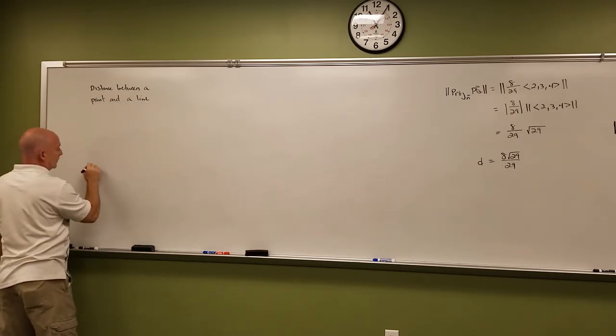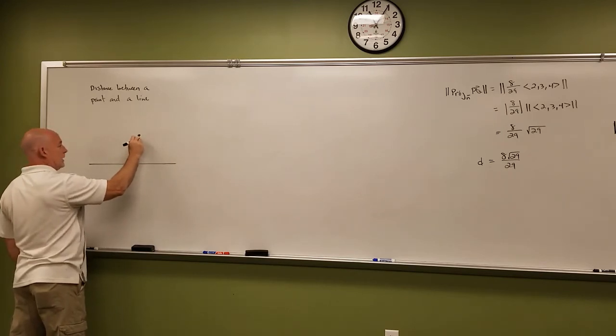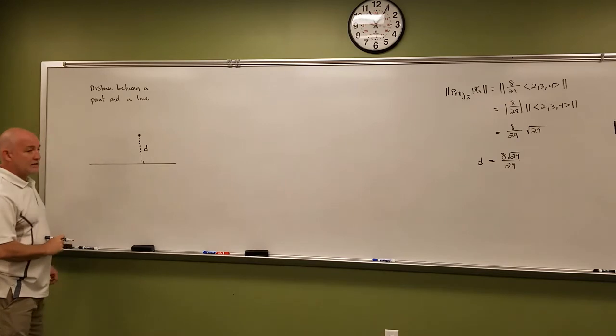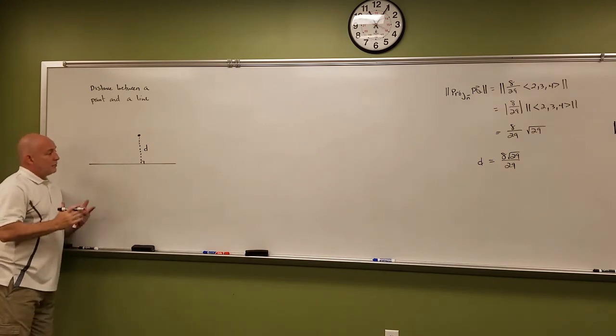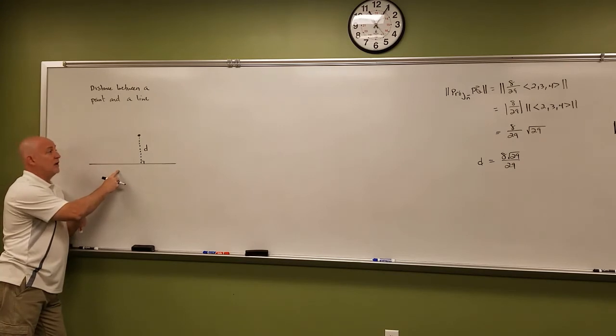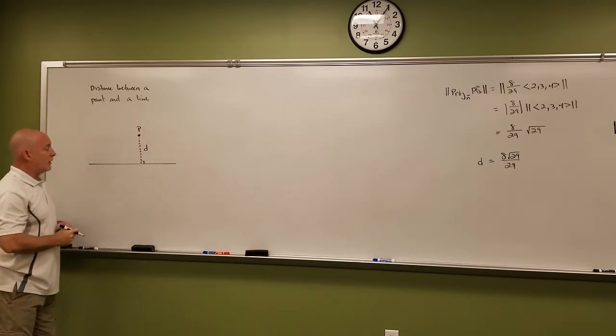Okay, so now what we're looking at is we have some line in three-dimensional space and a point. Again, what we're talking about is the perpendicular distance, so we're looking for that distance there. So to be able to work this problem, we have to be given the equation of a line and we have to be given a point P. So that's what we're given so far.